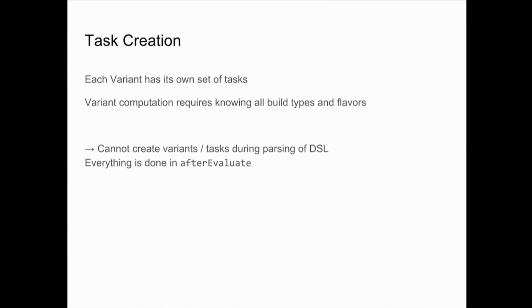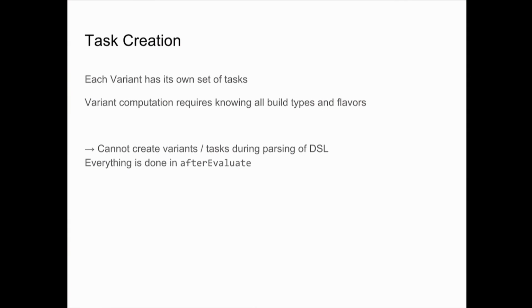As you parse the DSL, if you suddenly encounter a flavor, we can put listeners on the parsing of the DSL, and we could know, hey, whenever a flavor is added to the container, we could do something. But then you don't know if you've already seen all the dimensions, and so we decided just not to do it, which means that we're basically doing everything in afterEvaluate. And that has a lot of impact on how we do things in the plugin, and it's actually a big issue.